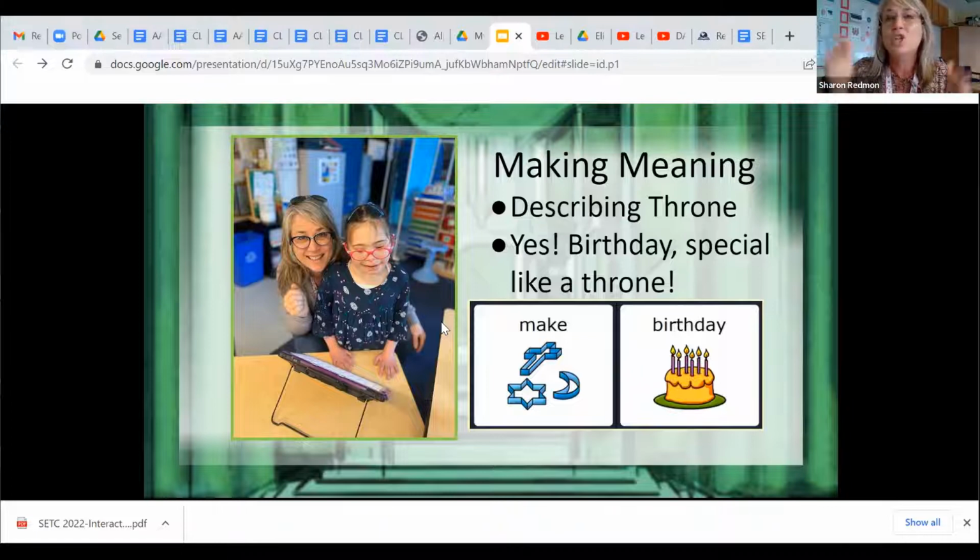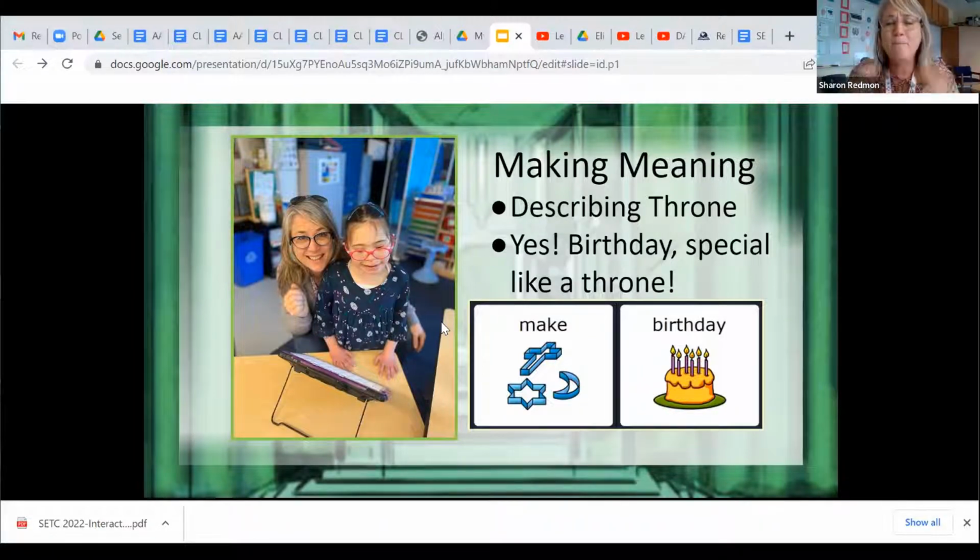She took it beyond. She made a huge connection on how that was an important thing, that when someone sits there, they are important, that the Wizard of Oz was important. Just like when it's my birthday and I sit in the special chair, I'm important.